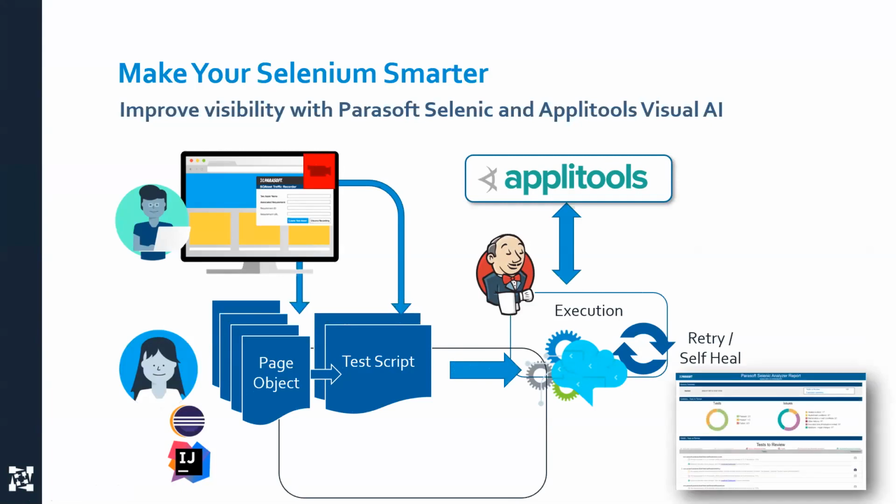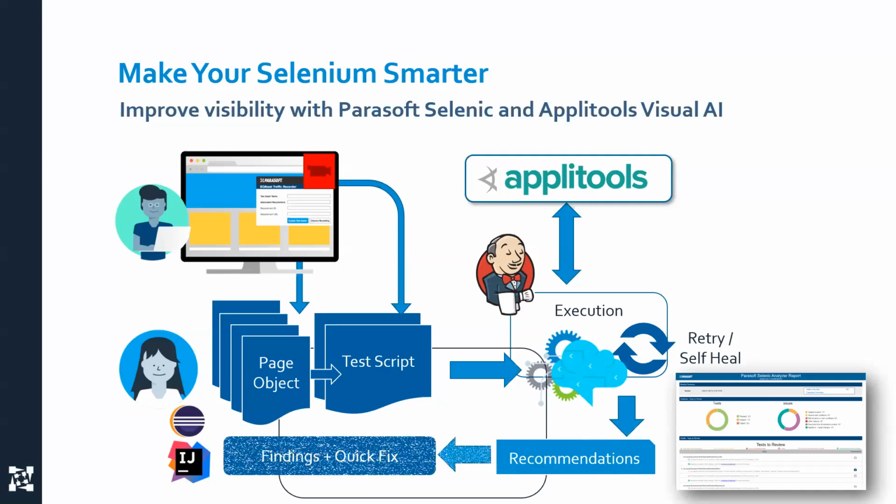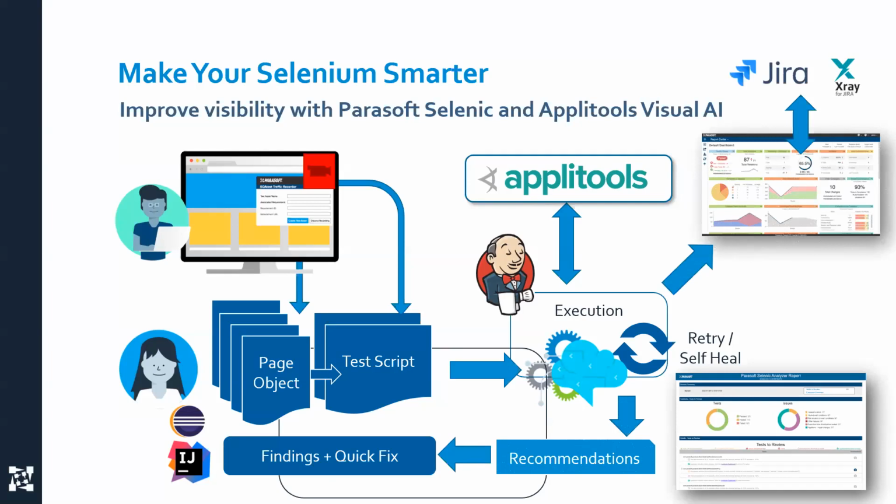If you have any tests that have broken locators or bad wait conditions or stale element references, what I like to call test automation failures, Parasoft Selenic will automatically retry or self-heal those at runtime, and then provide those recommendations back into your IDE so you can fix those tests. All of those results can then be pushed into your bug tracking system so you can really understand and take advantage of that coverage and link it to your requirements over time.